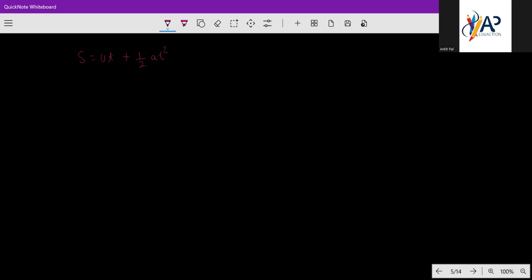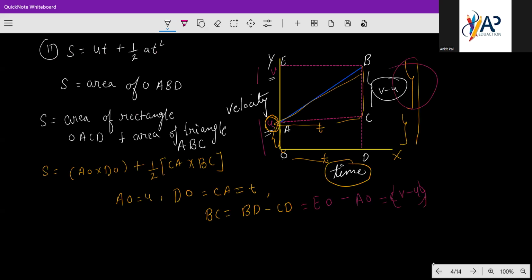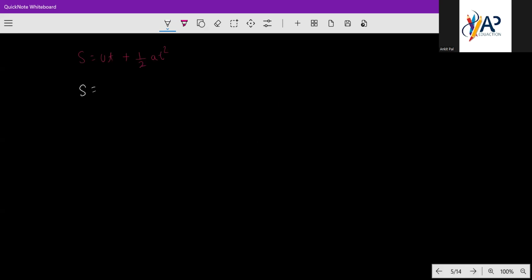We put the values in this equation: AO into DO plus half CA into BC.